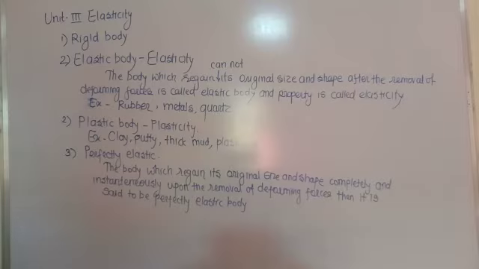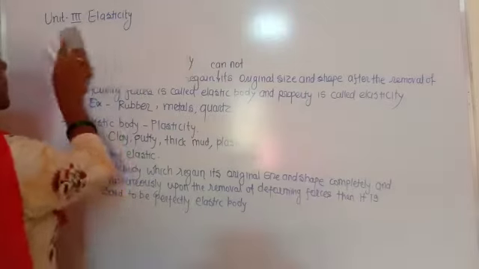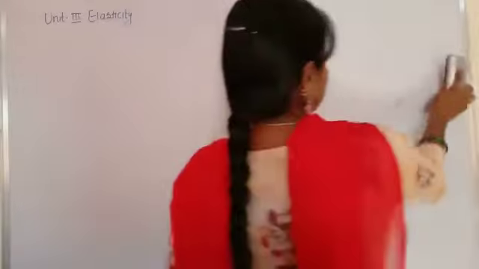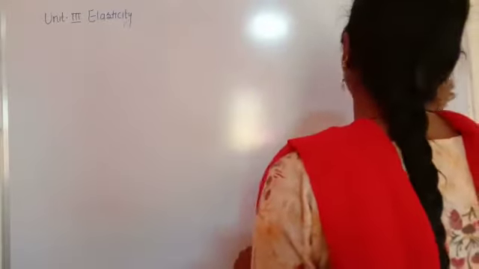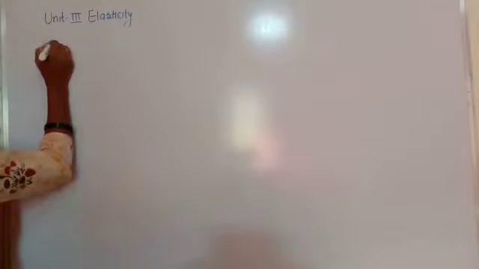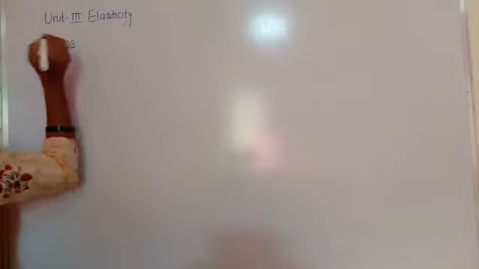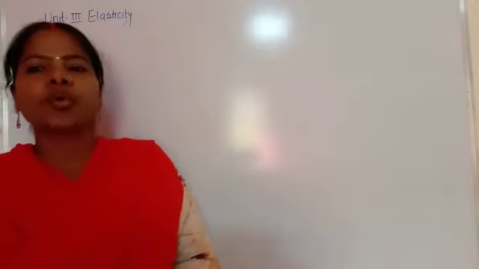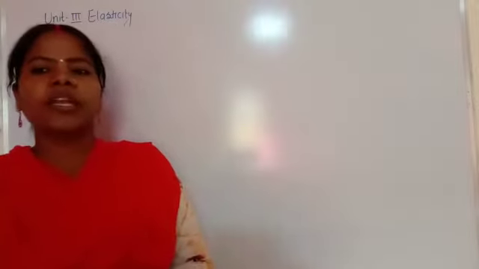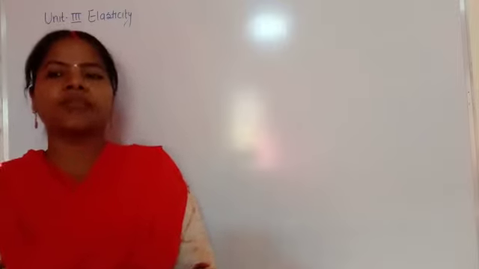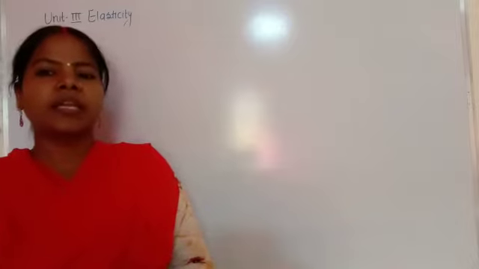Then the next one is stress. We already know stress and strain from 12th science, but we have to recall them in this topic. So what is meant by stress? When an external force acting on the body produces some deformation of the body, internal restoring forces between the two adjacent molecules on either side of a section through the body are set up in it.